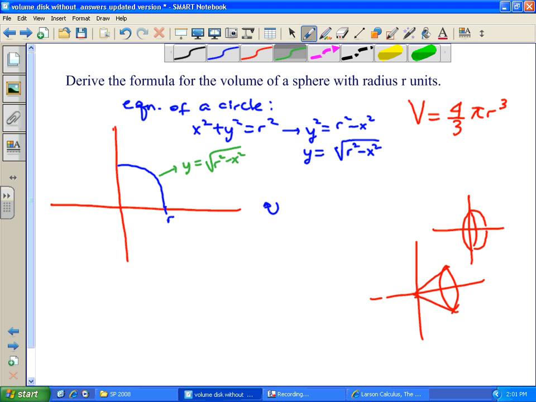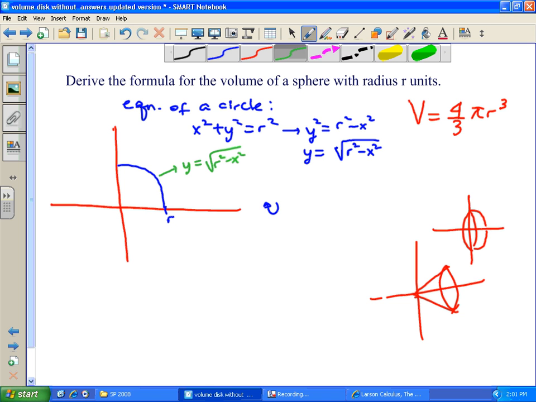That's going to give us a hemisphere. Later, we can multiply the answer by 2, and we'll be done. The important thing to remember here is that r is just a constant. So if you're integrating r, it's going to be r times x, because r is like 5. An integral of 5 is 5 times x, right? So r is just a constant.